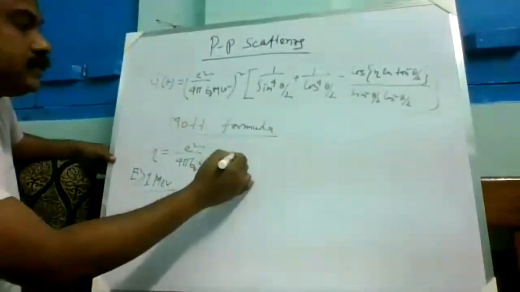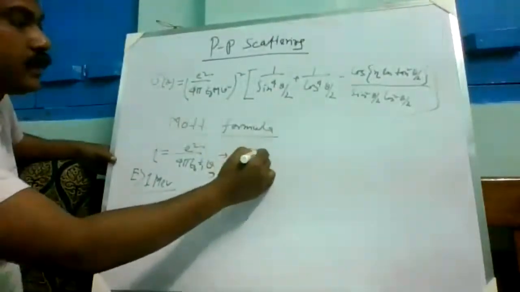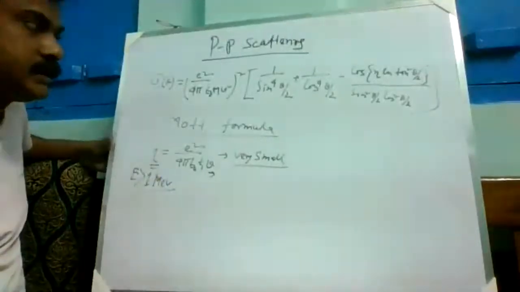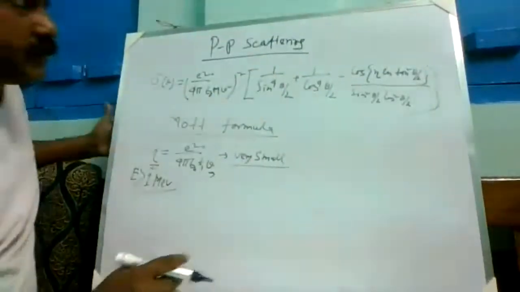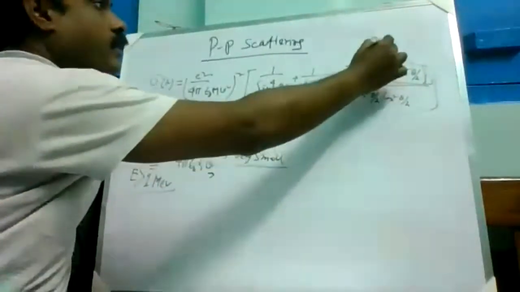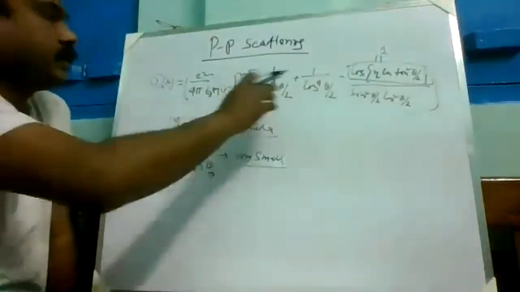So the value of eta is very small. Therefore, this cos term will eventually become 1. So the formula will be like this.